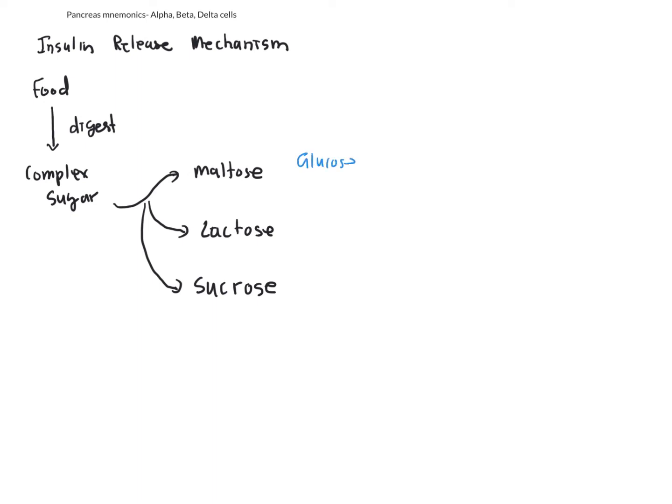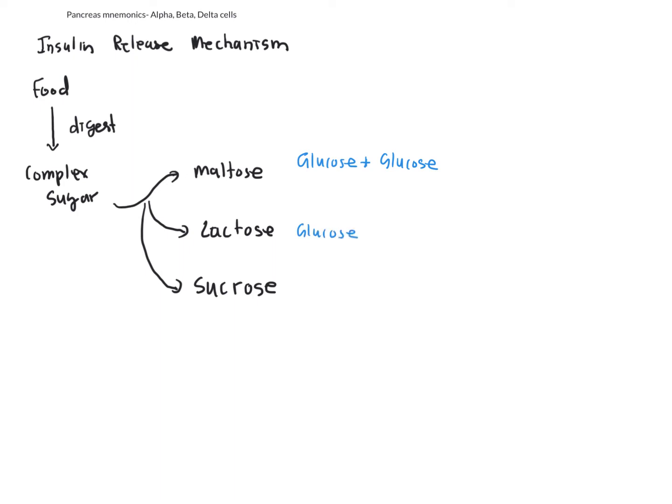The maltose consists of glucose plus glucose. Note that all the complex sugar consists of glucose.